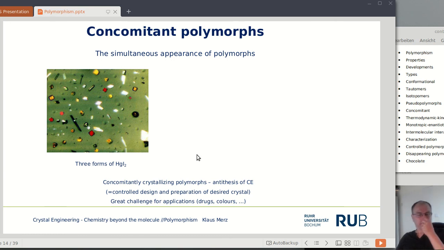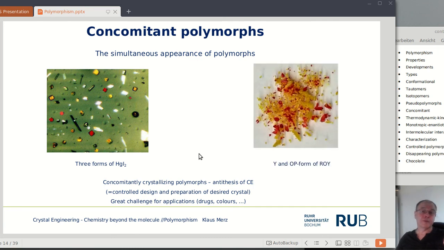From the organic chemistry point of view, once again Roy: if you crystallize from methanol, for example at 50 degrees, we tried it, it really works. You will get simultaneously yellow and red polymorphs. Same compound, the epsilon and OP forms of rhodium. Strange, huh?